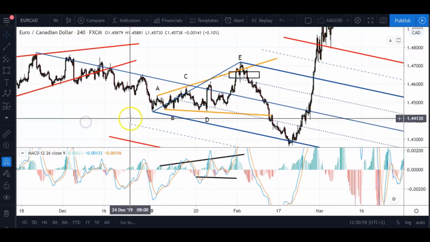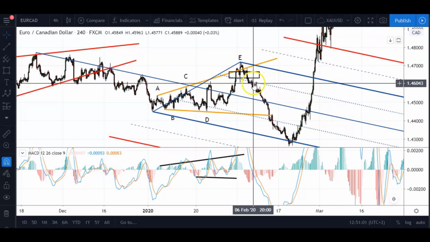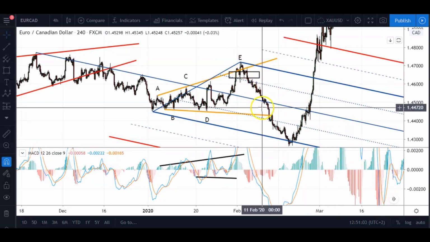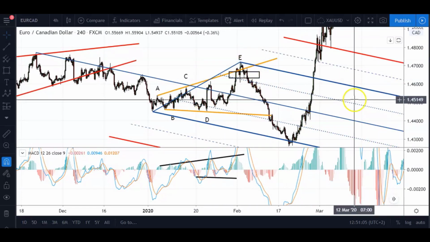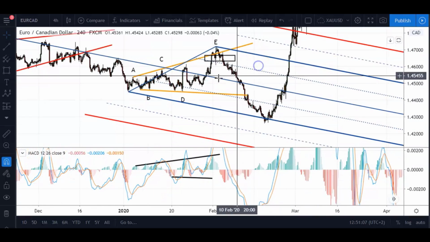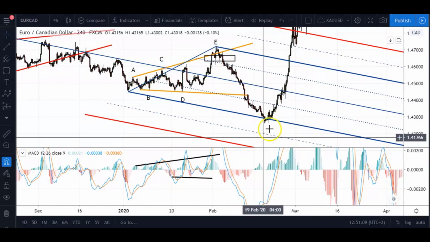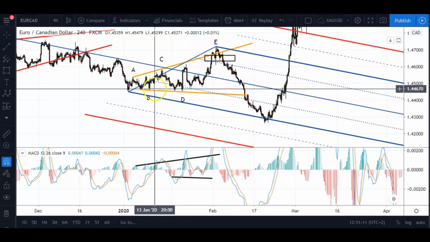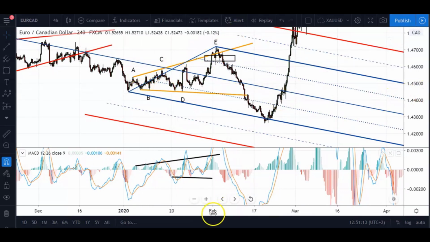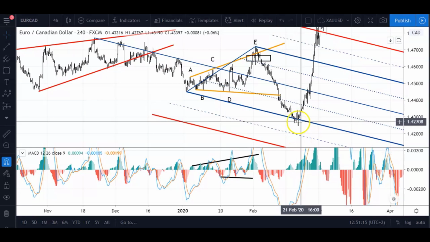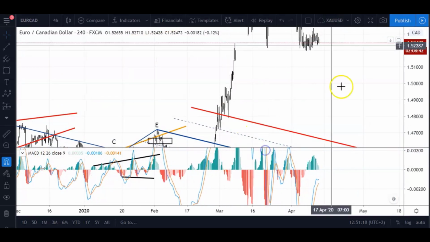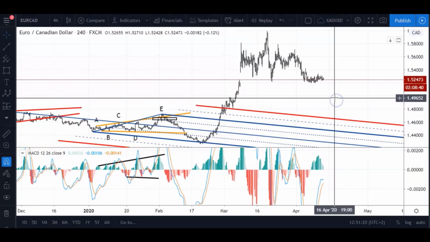So that's just a good way of how to set your targets, especially when you think you've dealt with an E wave and whether it's part of a correction or the end of the move. Here we have a very beautiful example of how a triangle was a terminal correction prior to an important low before price just shot up, in this case, to the upside again.